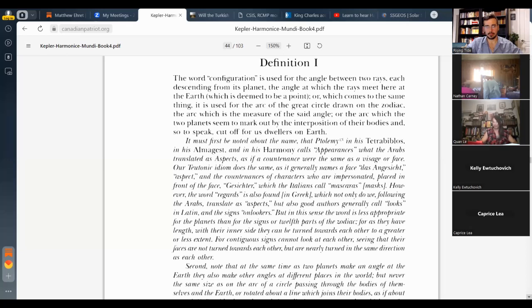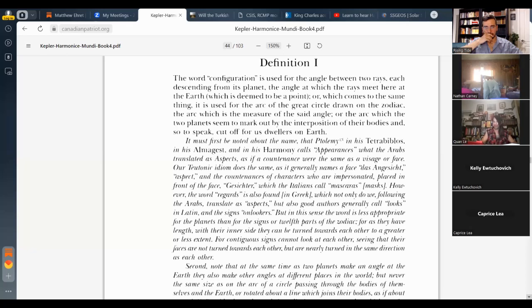However, the word regard is also found in Greek, which not only do we, following the Arabs, translate as aspect, but also good authors generally call lux in Latin and the signs onlookers. But in this sense, the word is less appropriate for the planets than for the signs or 12 parts of the zodiac.